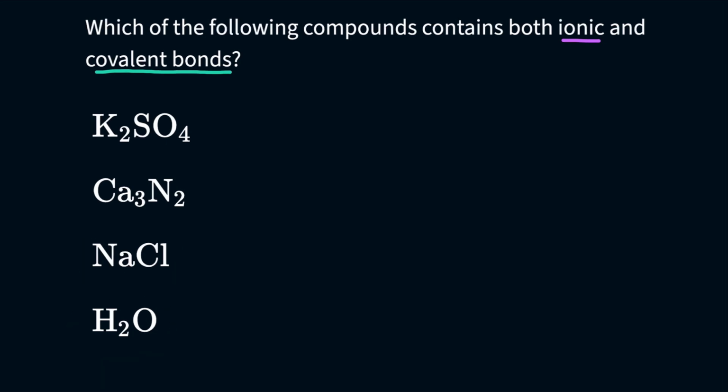So we have NaCl and then we have H2O, which is water. We have to find the compound that has both ionic and covalent bonds. The generality is that ionic bonds are when you have a metal plus a nonmetal.